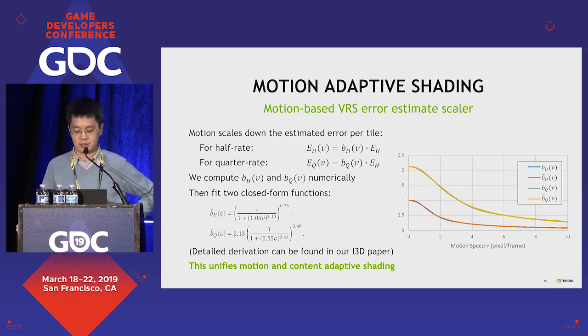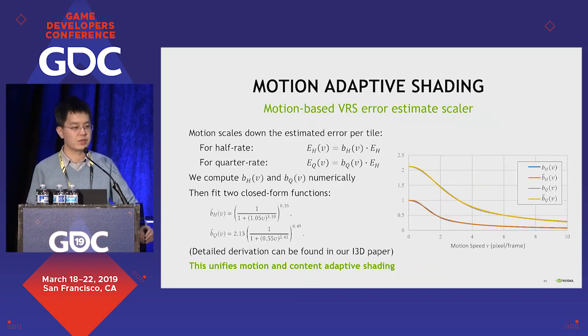We approximate that scale with two functions, BH(V) and BQ(V), for half and quarter rate shading. Those two functions only depend on the motion speed V of the tile. We compute these two functions numerically across a full range of motion speeds, and then we fit two closed form functions so that we can use them easily in a shader. Again, the details can be found in our paper for how to derive them.